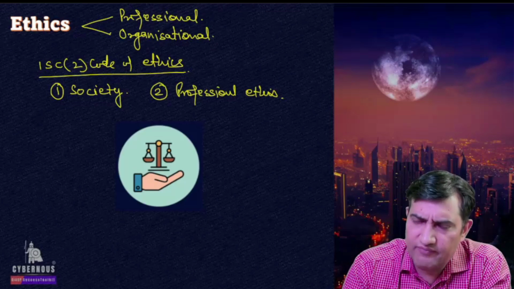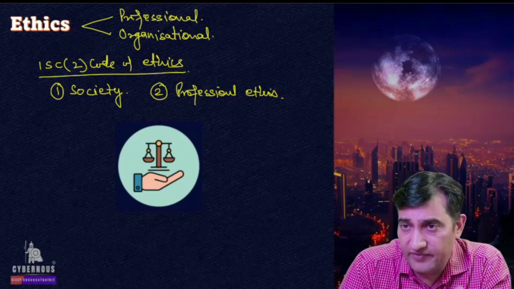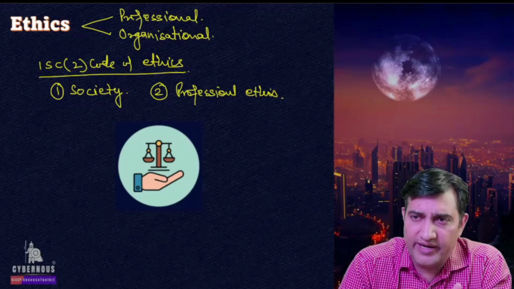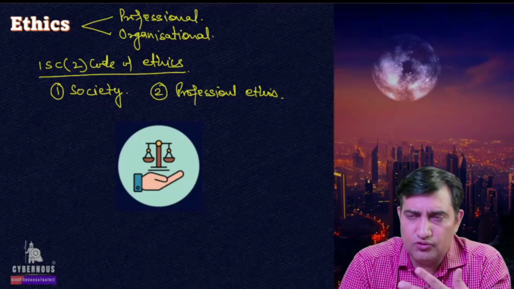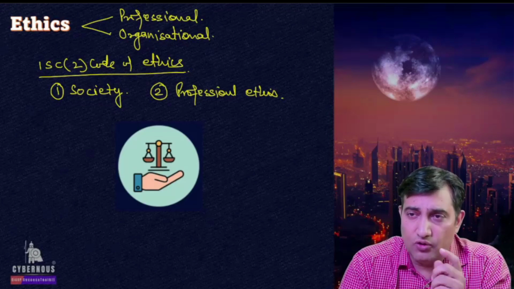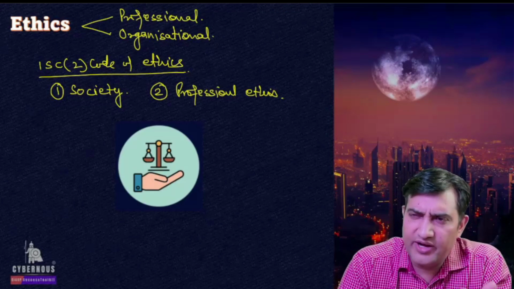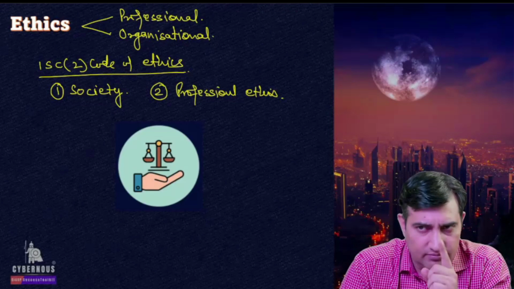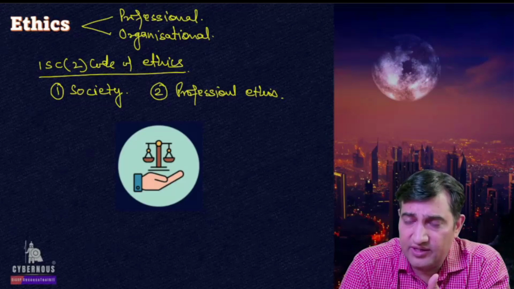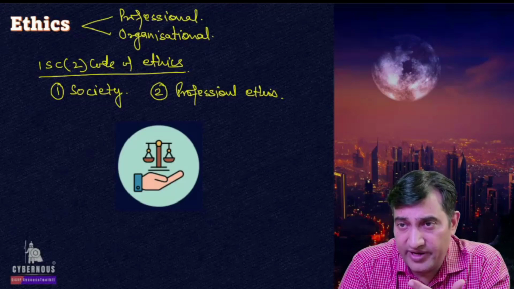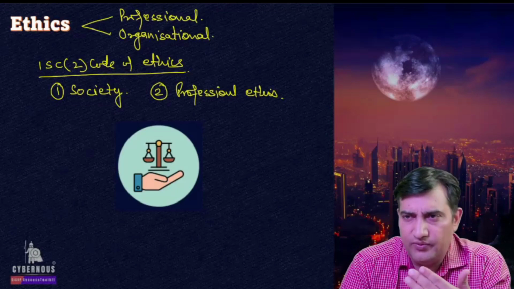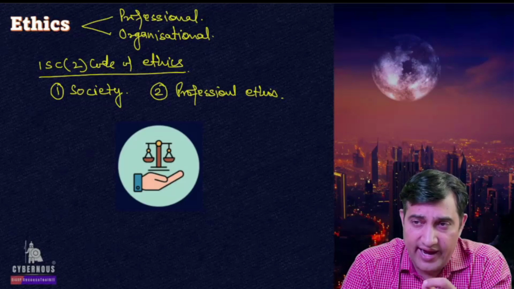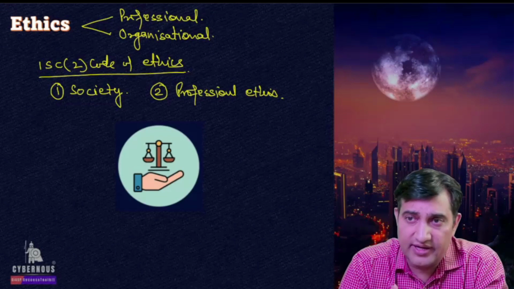You have to be just, for example, if you are involved in an investigation, you should not get yourself impacted by those things. Your work is just to do the investigation and bring out the facts. That is why they have used the word justly. Then responsibly, you have to take responsibility, whether it is good or bad. And finally, all your actions should be legally correct. So that governs your professional ethics.